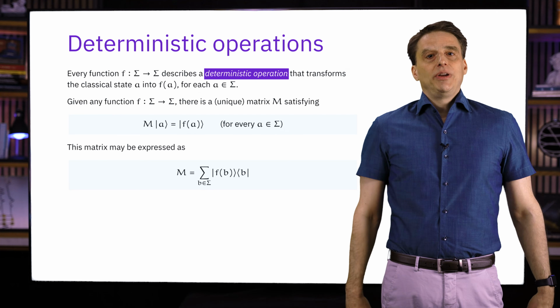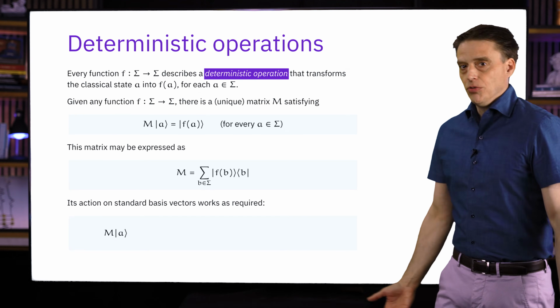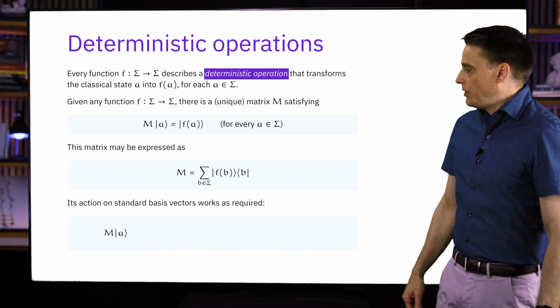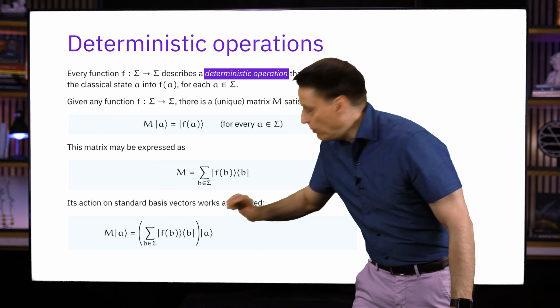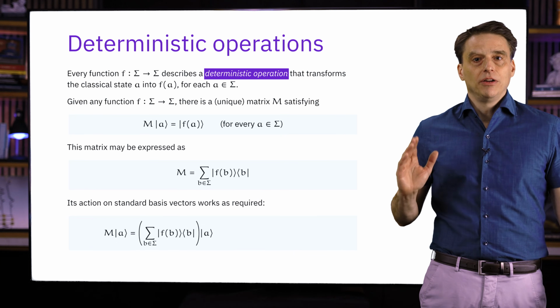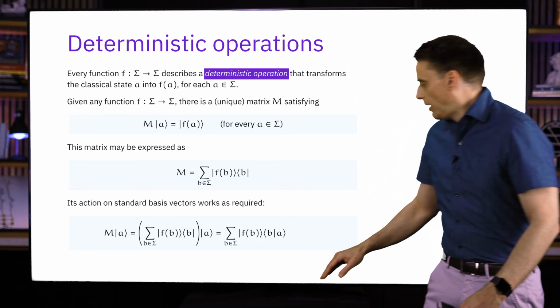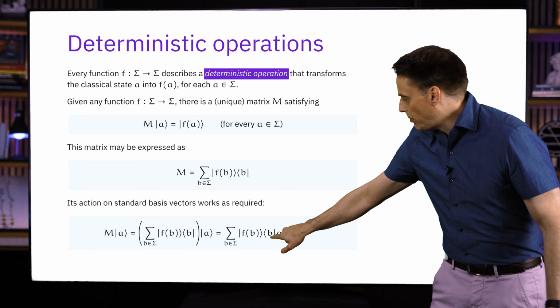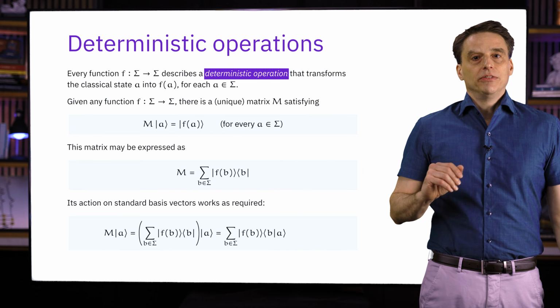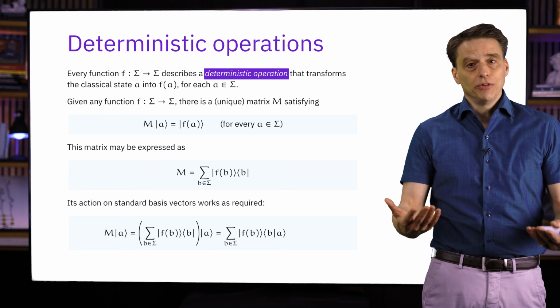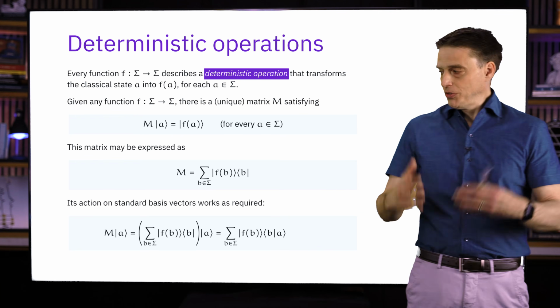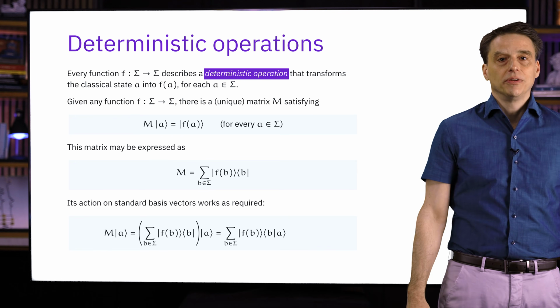In this case, we can check that the required formula is true by multiplying M to ket A. We substitute our expression for M like this, and we can remove the parentheses and snap together the bra B with a ket A like this. That's because matrix multiplication is linear, in this case in the first argument, and it's associative, so we can remove the parentheses.